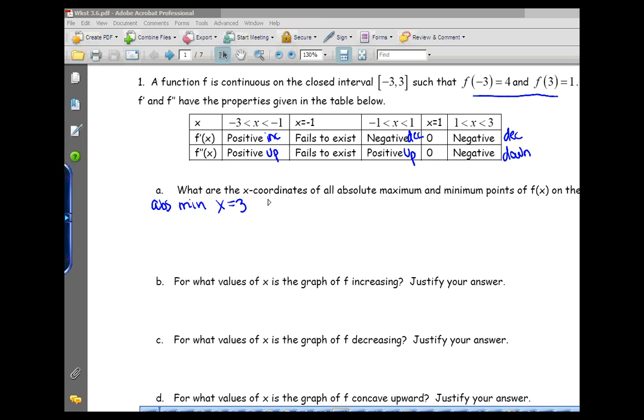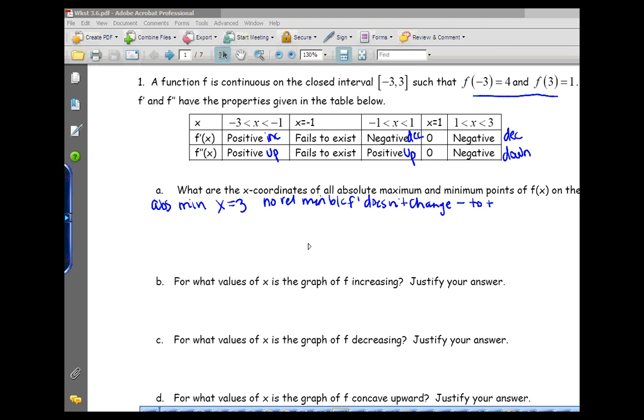So there was no relative minimum because f prime doesn't change from negative to positive. Then the other thing I have to consider were my endpoints. Well, why did you pick x equal 3 as opposed to x equal -3?